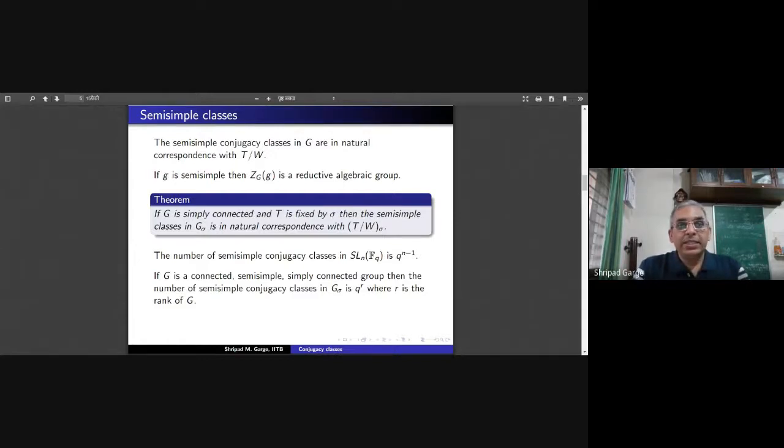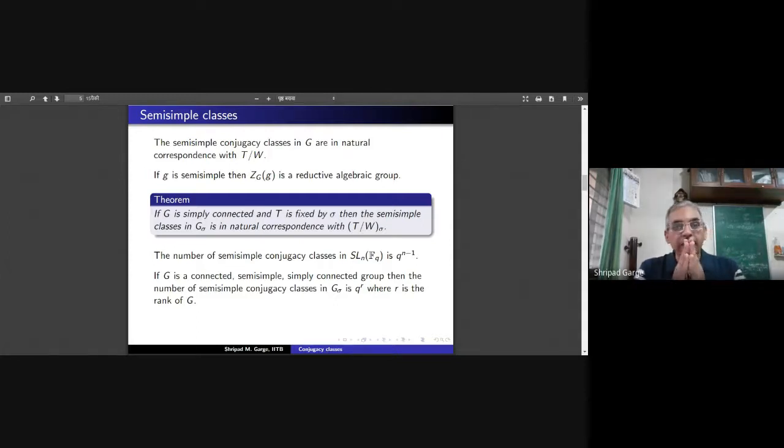Now, in the last lecture, we had some confusions about some statements. So let me again mention these here. The theorem is that if your G is simply connected and you have a torus T which is fixed by sigma, then the semi-simple classes in G^sigma are in natural correspondence with T by W^sigma. So what this means is the following.